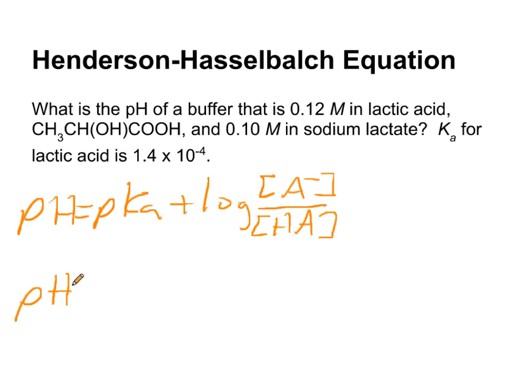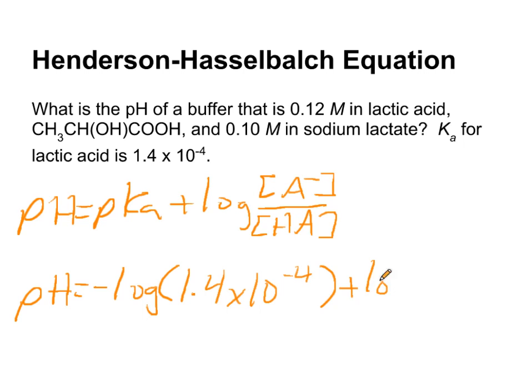So pH is equal to the negative log of our Ka value, 1.4 times 10 to the negative fourth, plus the log of our conjugate base, that's going to be the sodium lactate. Usually sodium and potassium are used as cations in this situation, and that's because most of the time they're spectators. We're interested in the anion that's going to be the conjugate base for the weak acid.